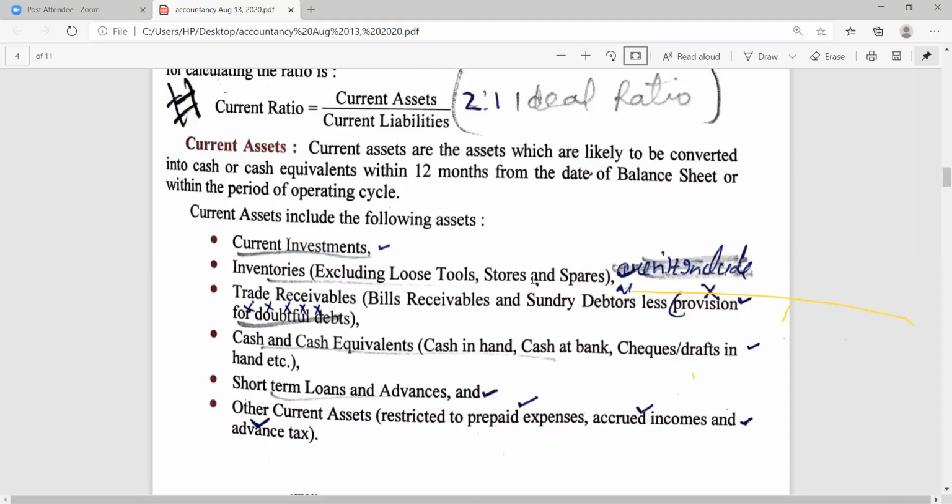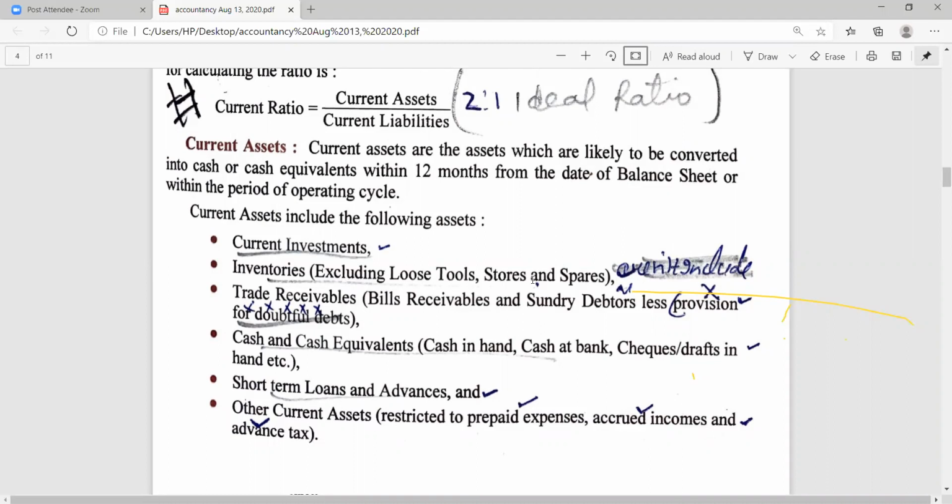When the balance sheet is given to you, out of that full-fledged balance sheet, you have to identify what are the current assets. Those are your current investments, inventories, but excluding loose tools, stores, and spares. Excluding means that they are not included. Trade receivables. Trade receivables include bills receivable and sundry debtors less provision for doubtful debts.